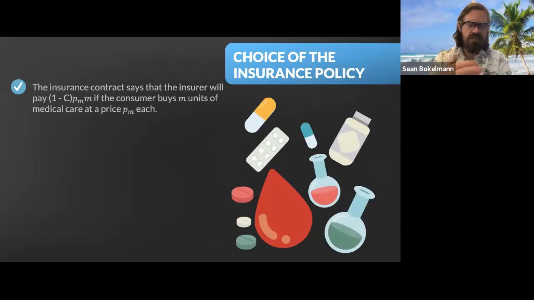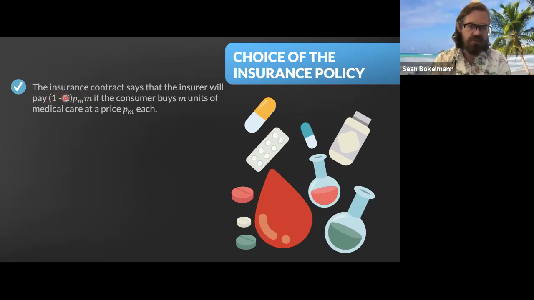So let's think of this contract, right? The insurance contract says the insurance company will pay their fraction of the medical costs, right? So ignoring the 1 minus C for a second, PM, the price of medical care, times the amount of medical care is the medical care expenditure.